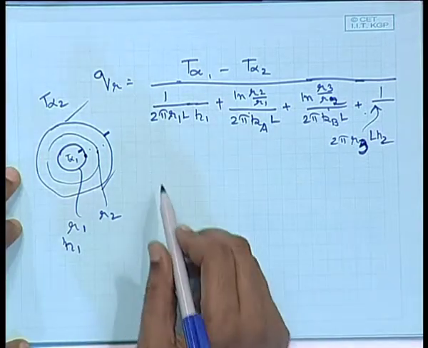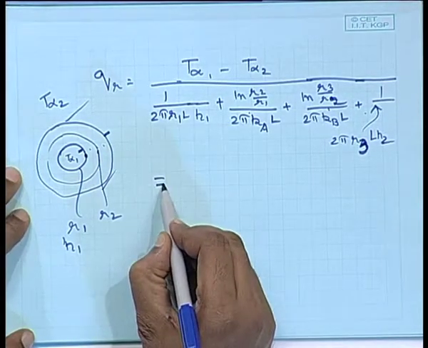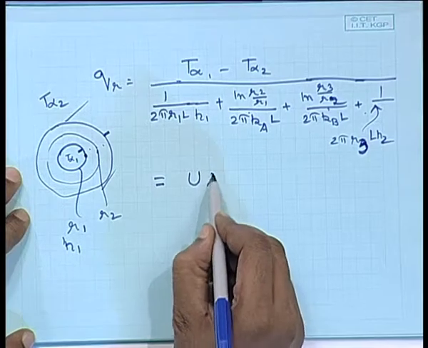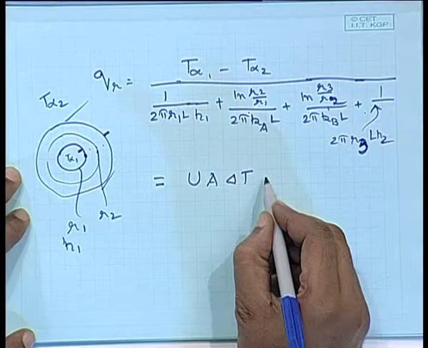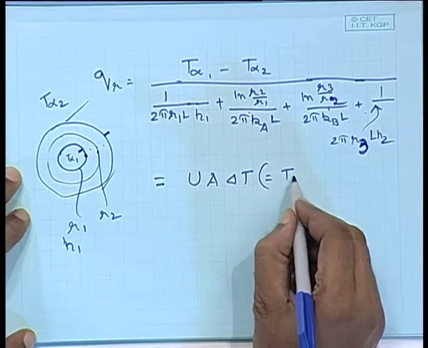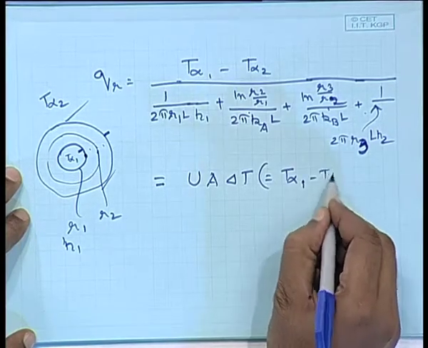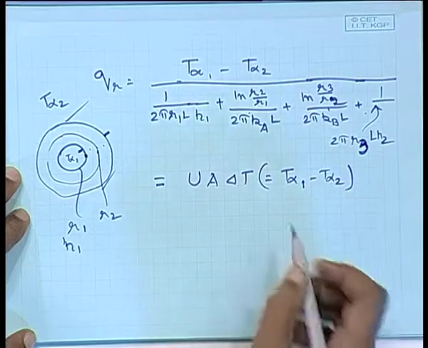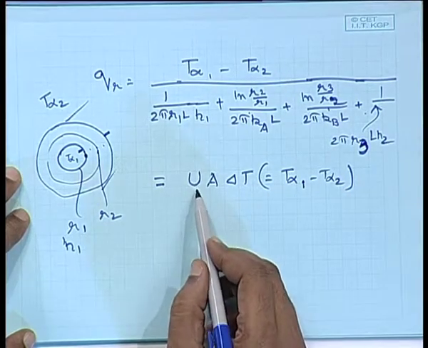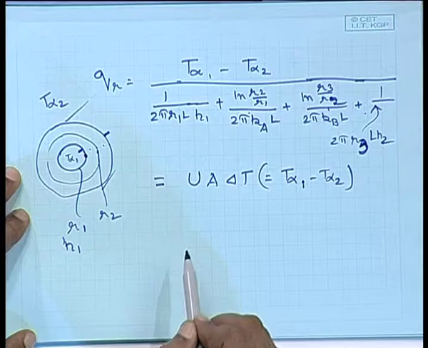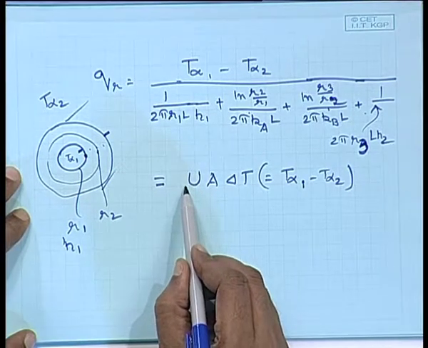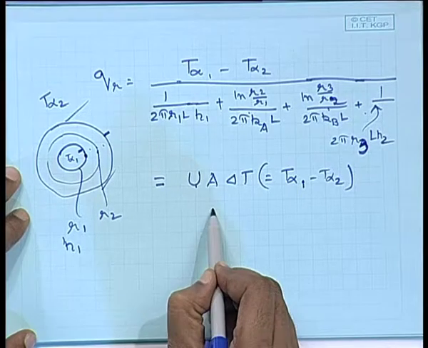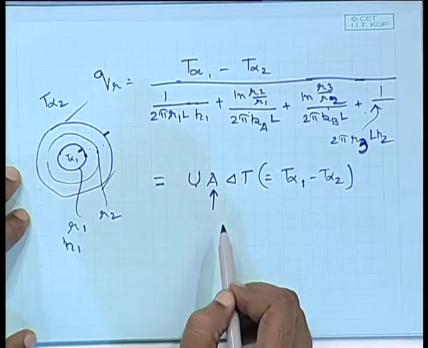Now, this Q I can also express, as we have done before, by U A delta T. This delta T is obviously equal to T infinity 1 minus T infinity 2, and this brings us back to the discussion that we were having. For a cylindrical system, the value for U would depend on which A you are choosing.